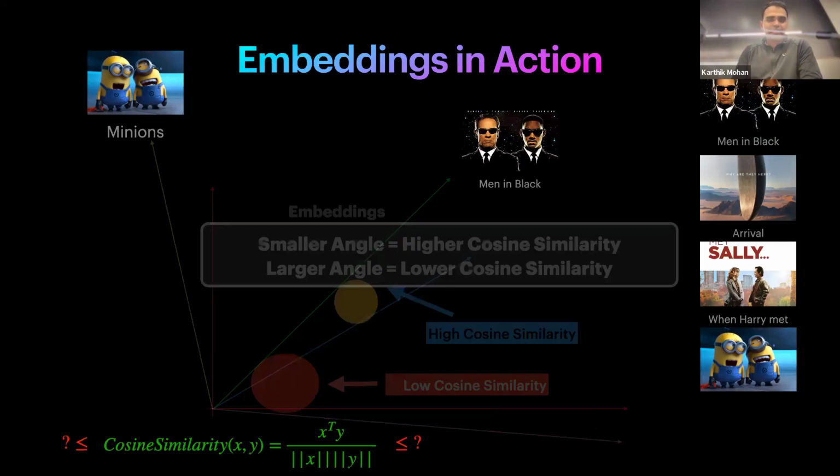Okay, and mathematically, cosine similarity is represented as, if you have two vectors, x and y, it's the dot product. So the dot product is x transpose y. We did a dot product question last class. But then you normalize it by the magnitude of x and the magnitude of y.